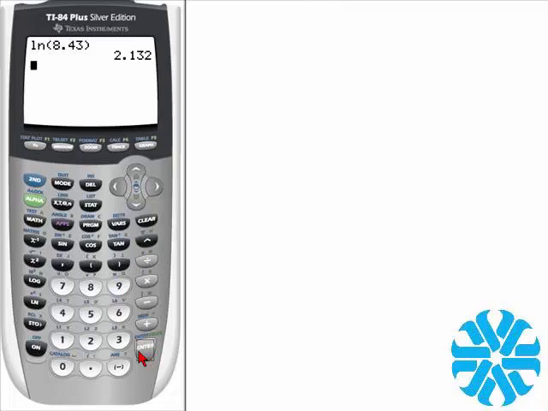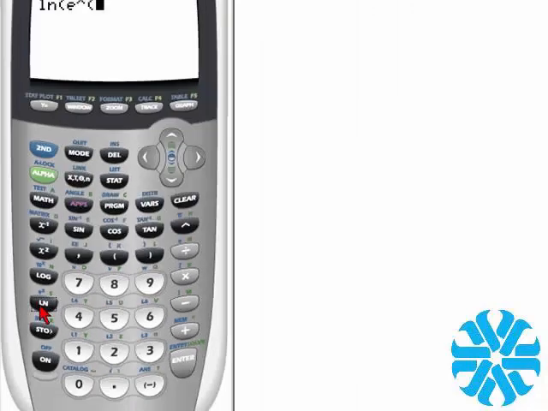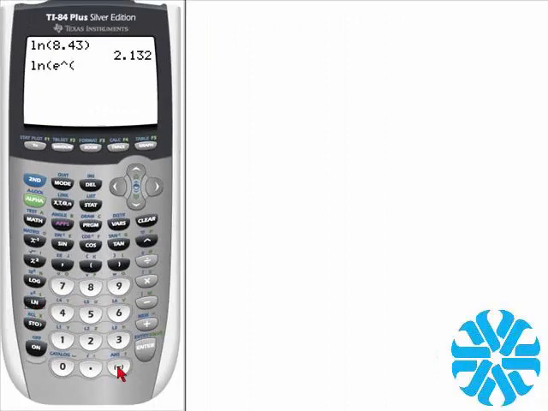Okay, now let's compute the ln of e to the -6th power. So it's the ln, or the natural log, of e. So now we need to go second function, and then we want this value, the e, so we hit the ln key. And we want to raise that to the -6th power.